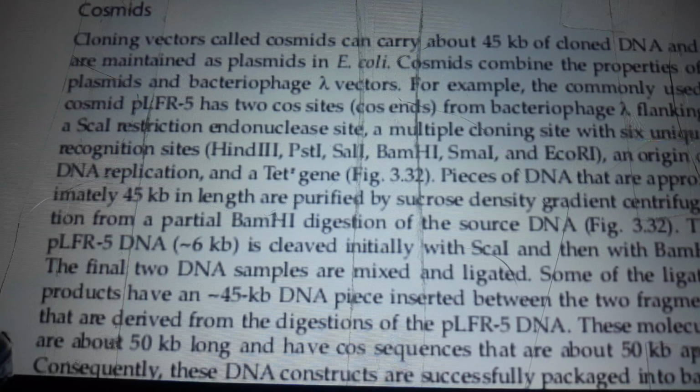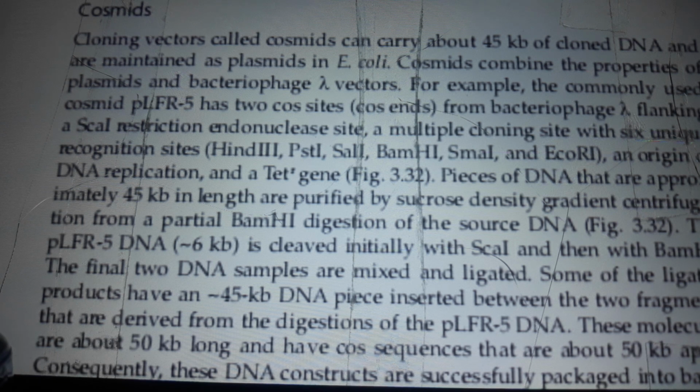Cosmids. Cloning vectors called cosmids can carry about 45 kb of cloned DNA and are maintained as plasmids in E. coli. Cosmids combine the properties of plasmids and bacteriophage lambda vectors.